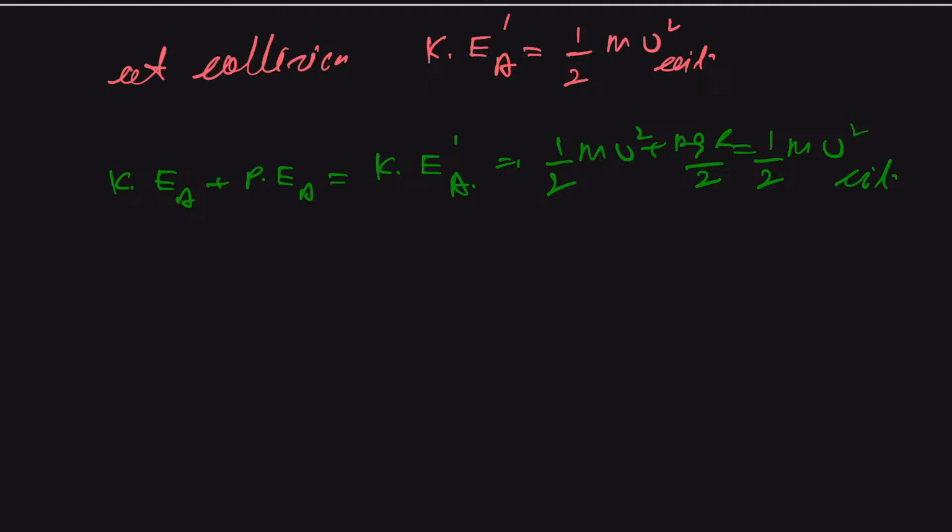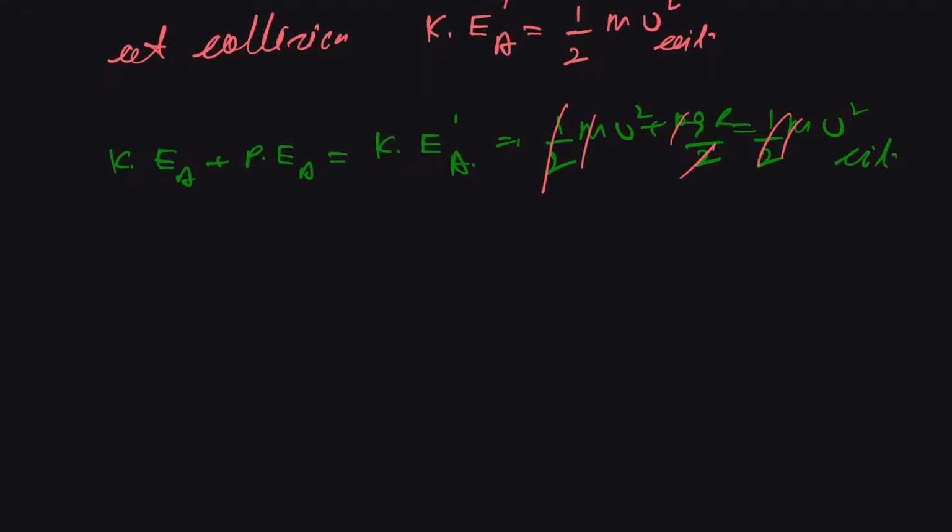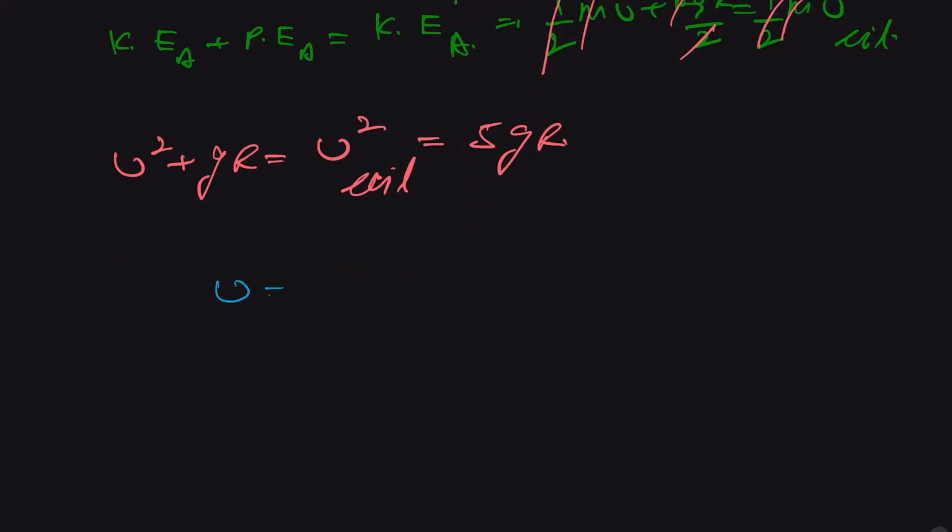The halves cancel, so we get v square plus gR is equal to v square collision, which is 5gR. So we get that the value of v is equal to 2 square root of gR.